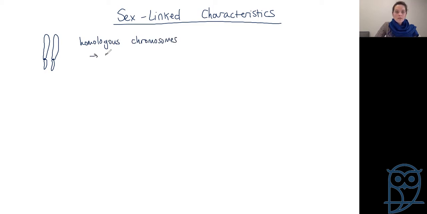You have 2 alleles for everything. So if there is an allele here for something, you have an allele for the same trait on the other one. And that continues all the way down. If there's an allele here, there's an allele here for the same trait. And even down in this little piece at the bottom, we would have same traits on both chromosomes.